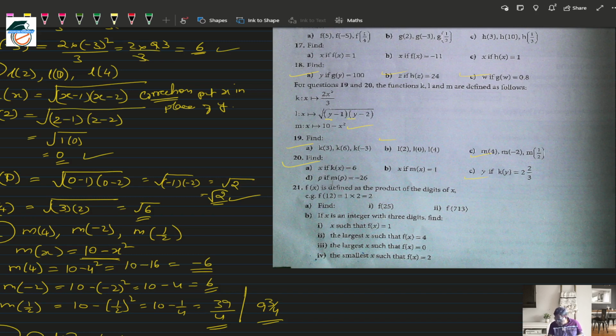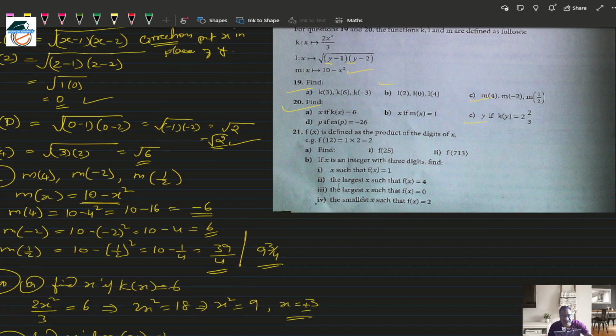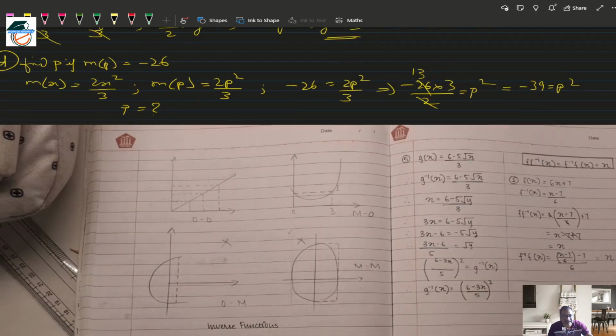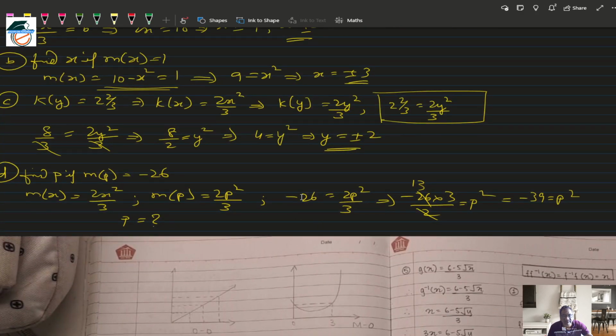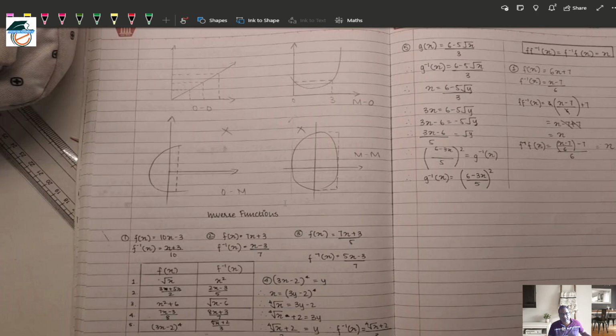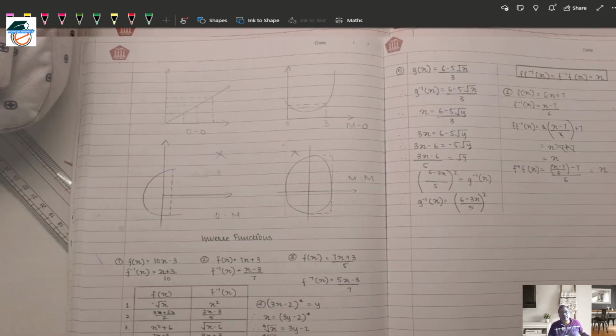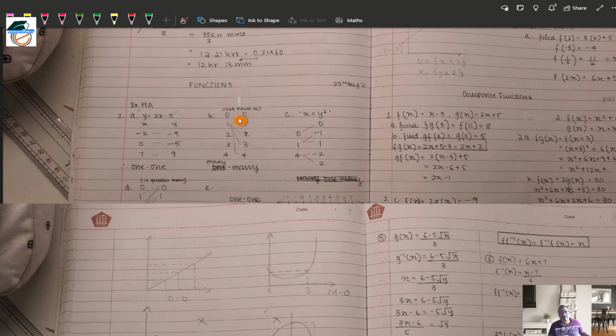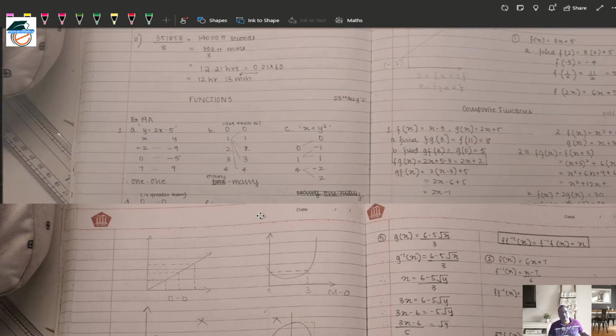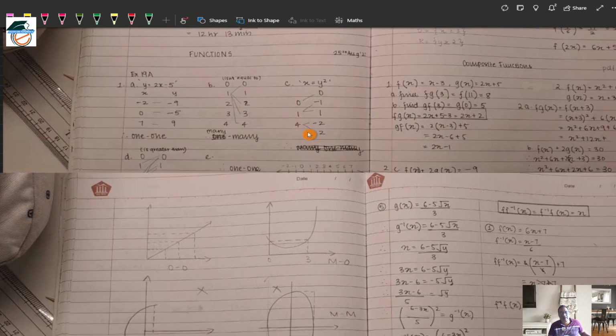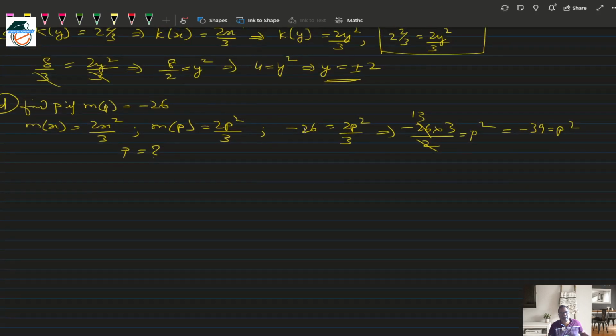Question number 20. Fine. So the question is correct. So let us check it again. Where were we? Find P if M of P is minus 26.